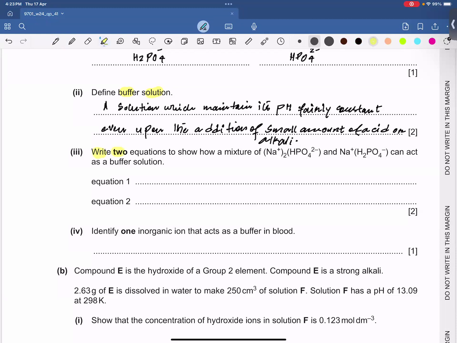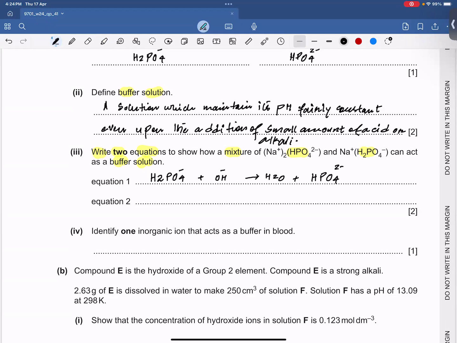Write two equations to show how the mixture of this acid and this salt can act as a buffer. So this is your acid. Obviously, it's going to donate its proton when treated with hydroxide ion, converting into water and the salt, which is HPO4, and the charge has to be 2 minus.